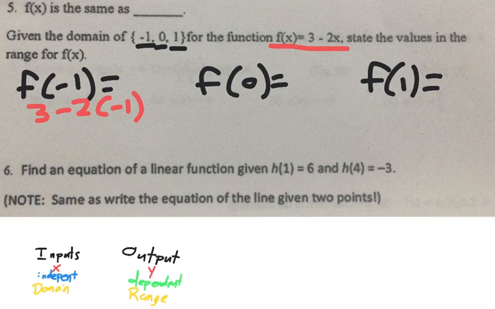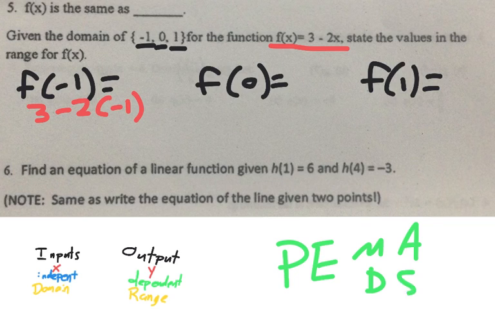3 minus 2 times -1. How could I simplify this? Well, we talked about PEMDAS. Which one do I need to do first, subtracting or multiplying? All right, obviously we need to write it down. PEMDAS: are there any parentheses?